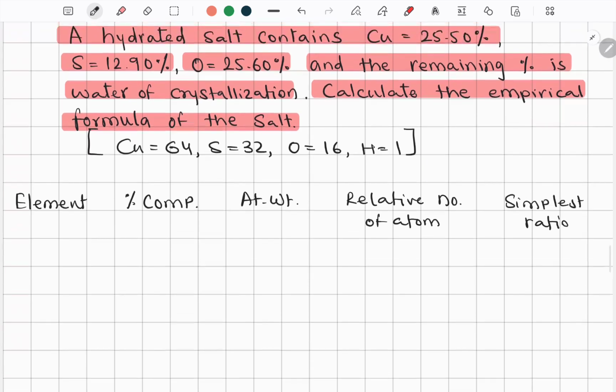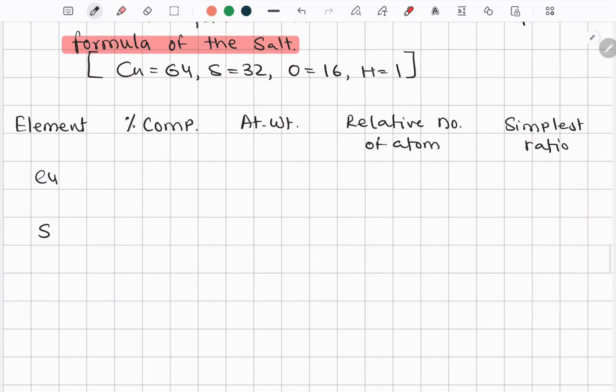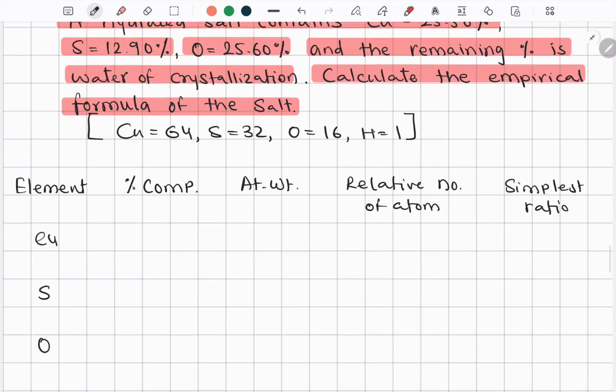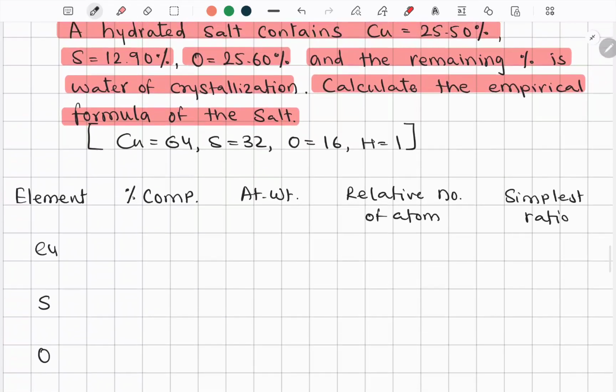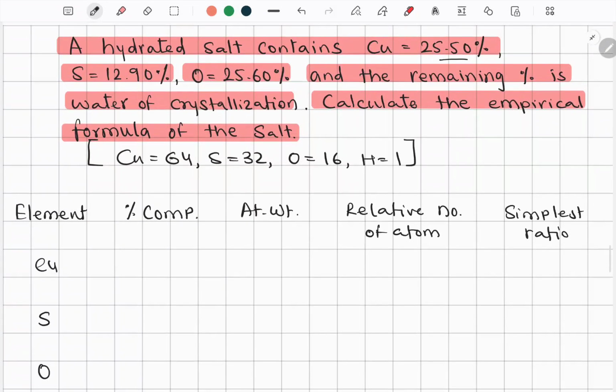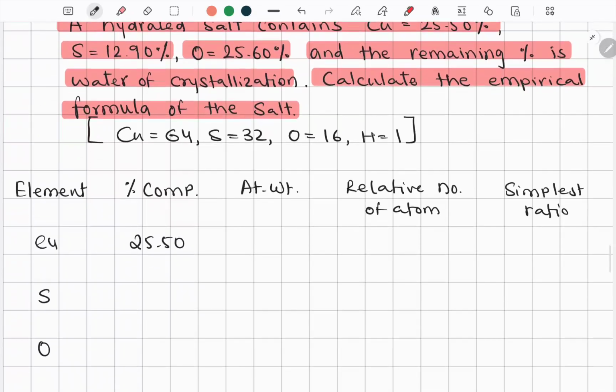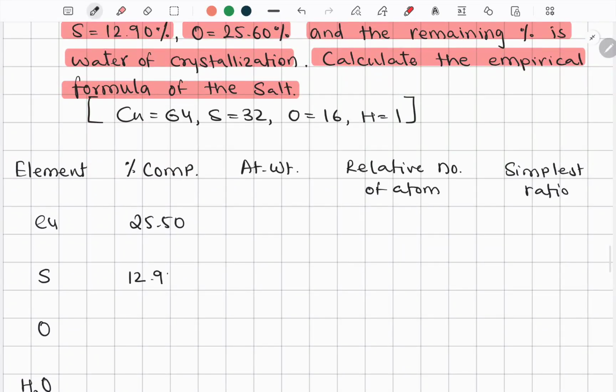So let's solve it. First element is copper, second is sulfur, then oxygen, and then H2O. Percentage of copper is given as 25.50%. Sulfur is given as 12.90%.